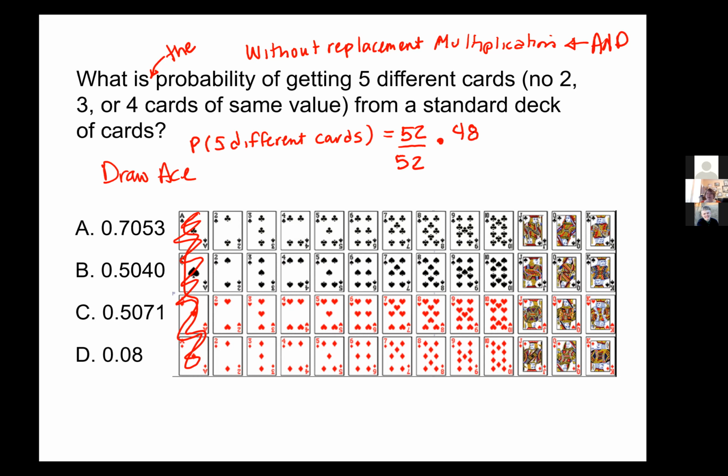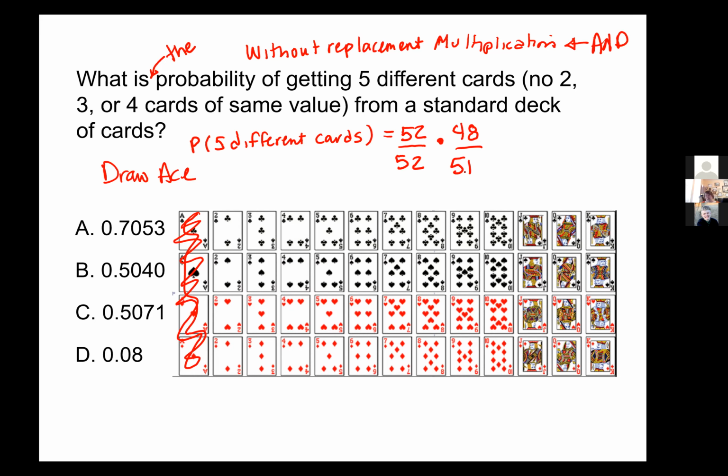And how many cards do I still have in the deck? Well, I haven't replaced the first card that I drew. So how many cards are still in the deck? They're 51. Okay, so let's talk about this again. So the first probability is you draw your first card out. It's the first card. It's different. Kind of intuitively, well, it's the first card. But what if you drew an ace out the first time?